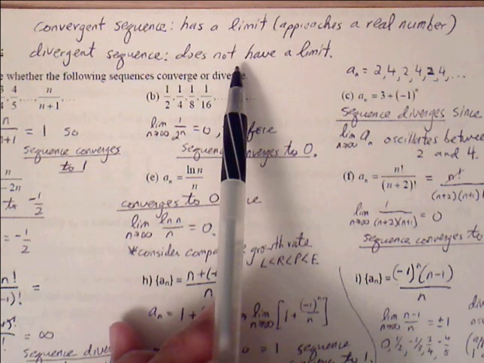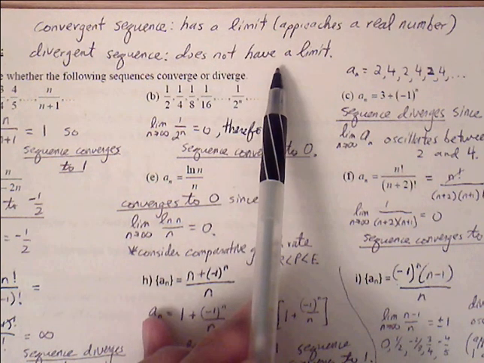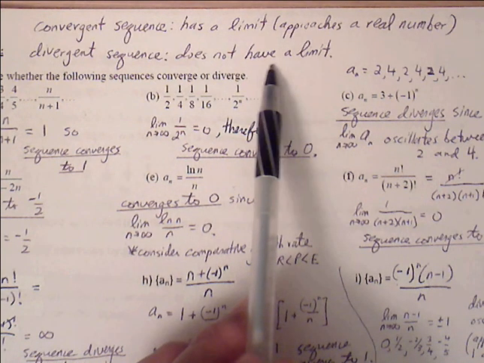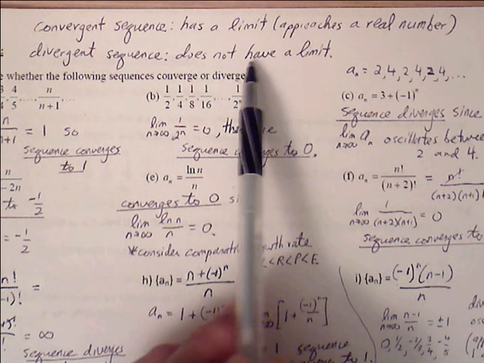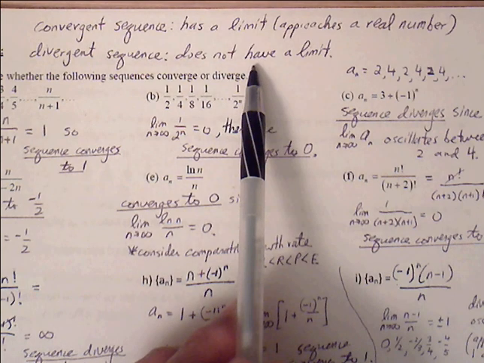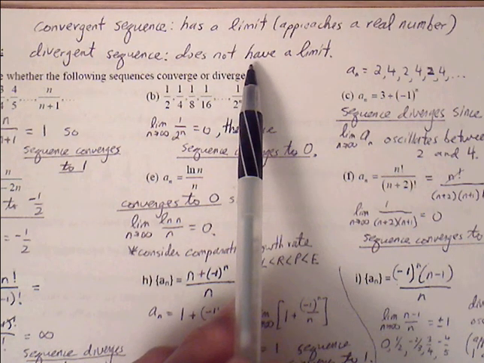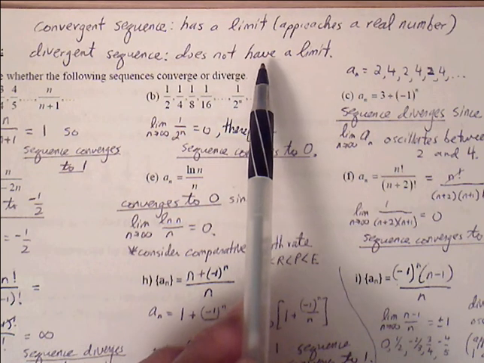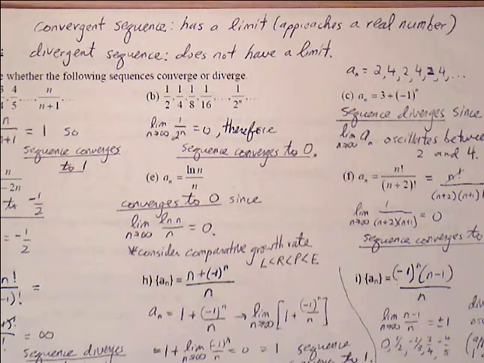So one that either goes to infinity or to negative infinity, we consider divergent, or also ones that oscillate between two values without settling down on a given value or approaching one specific value.